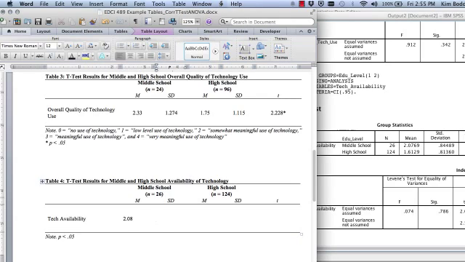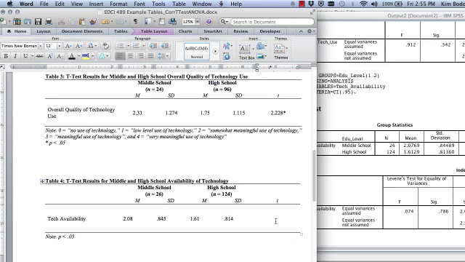And the standard deviation is 0.845. APA likes you to put 2 digits after the decimal point for mean and 3 for standard deviation, just to be picky. My mean for high school is 1.61, and my standard deviation rounds to 0.814. So I can see those right there in that top table.